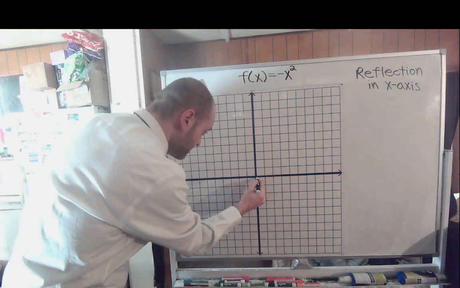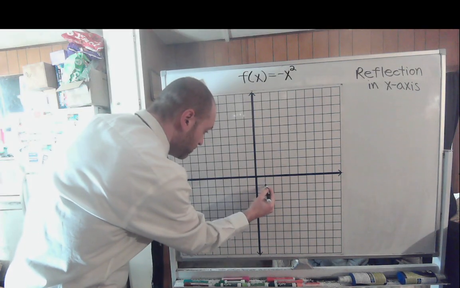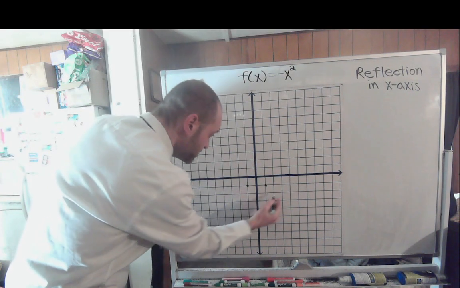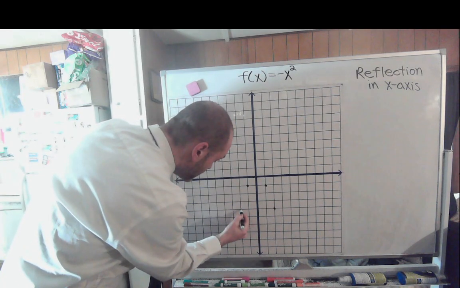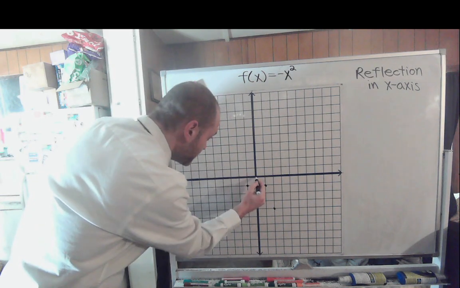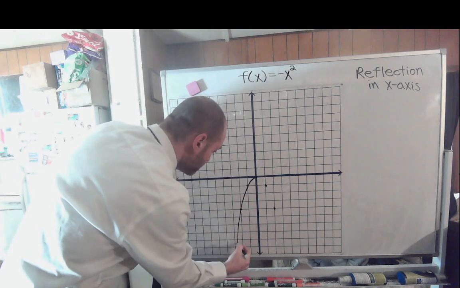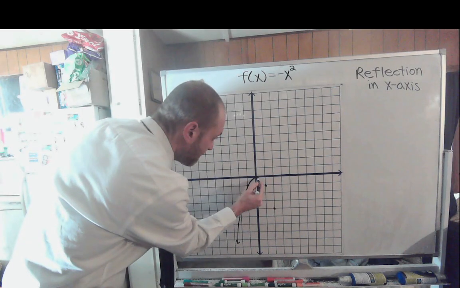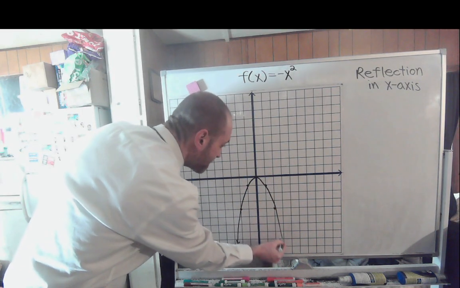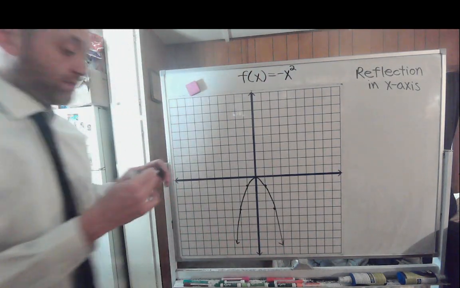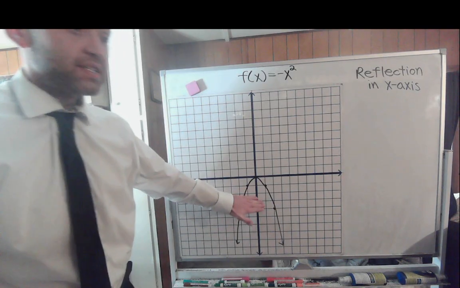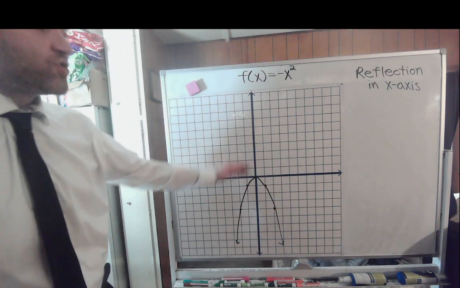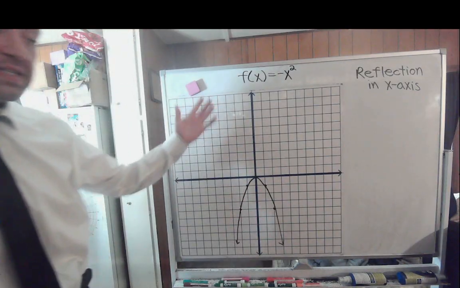So let's see, (0, 0), (1, -1), (-1, -1), (2, -4), (-2, -4). And I think we got sufficient points to plot this, to draw it. So there's my graph of f of x equals negative x squared. Again, the size of f of x equals x squared hasn't changed. I've just reflected it in the x-axis. That's all I've done.